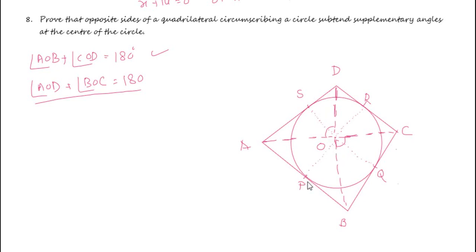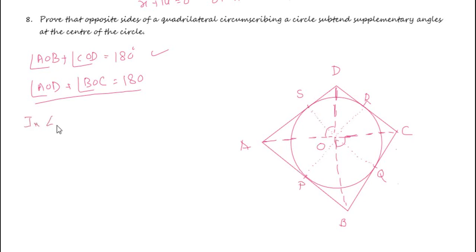I have marked these points P, Q, R and S where the sides are the tangent to the circle. Join all these points to O, that is OP, OQ, OR and OS, they are the radius, and also join the points OA, OB, OC and OD. Now let us consider the triangles AOP and AOS.